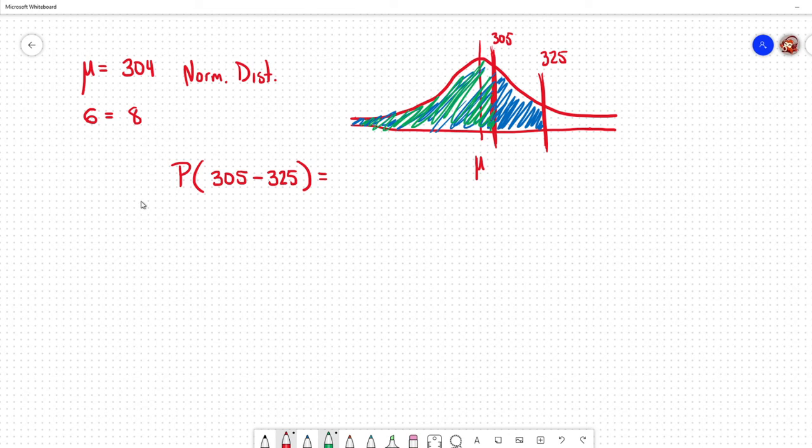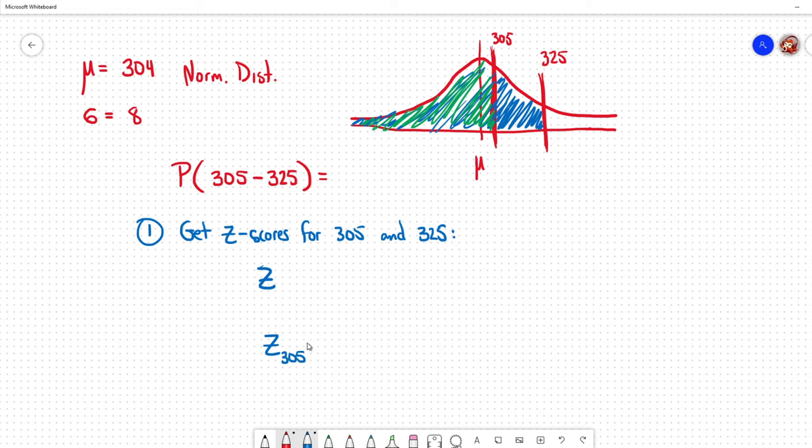So let's do that. So step 1, I'm going to need to get the z-scores for the 305 and the 325. Okay, so we're going to do those first. So 305, 325.